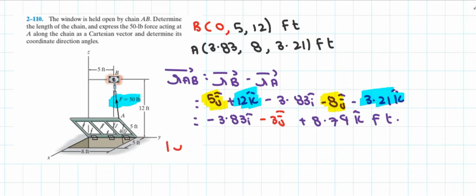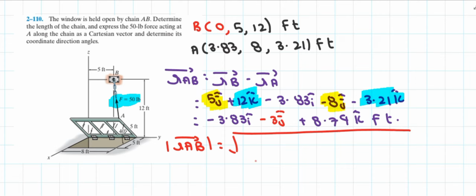For the magnitude, we have the formula: the magnitude of RAB is equal to the square root of x squared plus y squared plus z squared. The value of x is 3.83 squared, the value of y is 3 squared, and the value of z is 8.79 squared. If the question arises in your mind why I don't write the negative sign here, it is because the square automatically converts the negative sign into positive, so you don't need to write it.